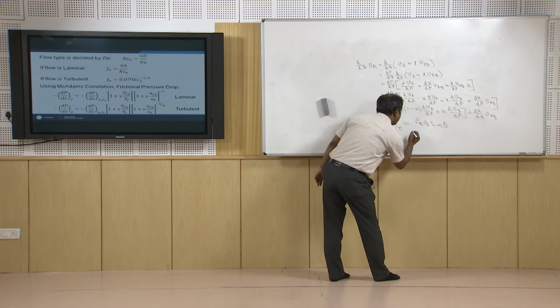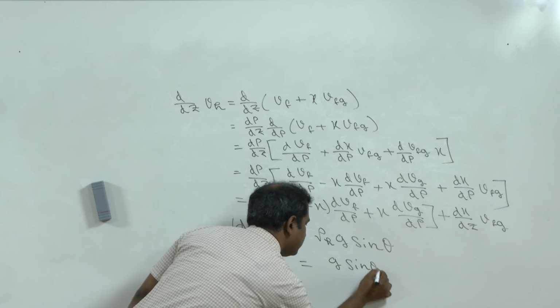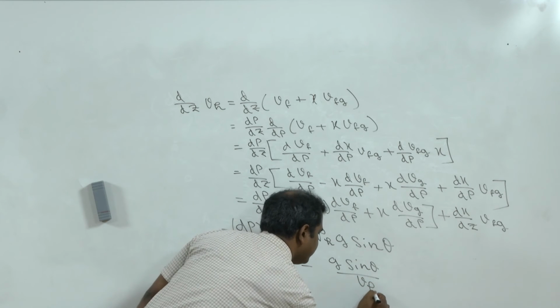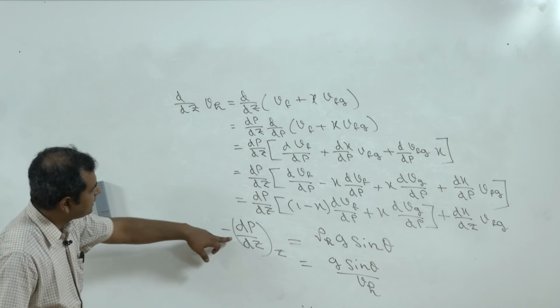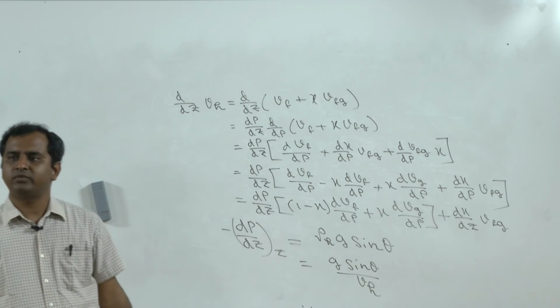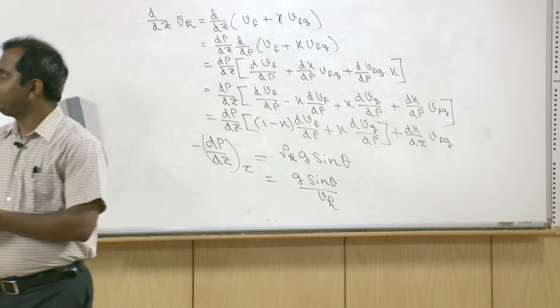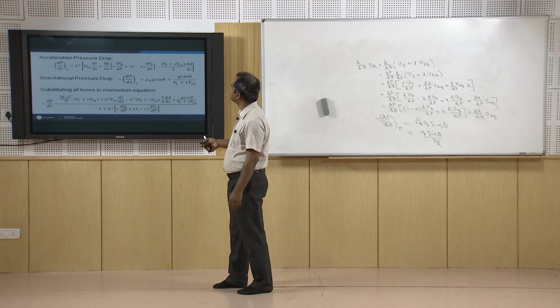So, we can write this as g sin theta by vH. All these three terms, this one and finally this one and the previous one, the friction factor whatever we have seen, if we club together, then finally you will be getting an equation like this.